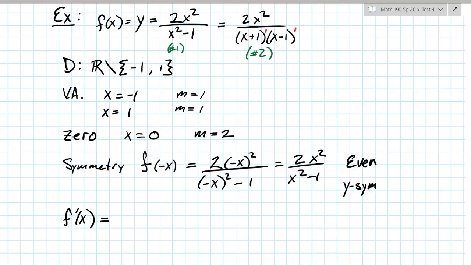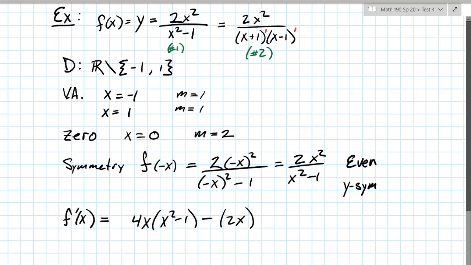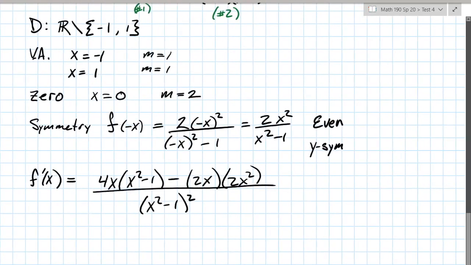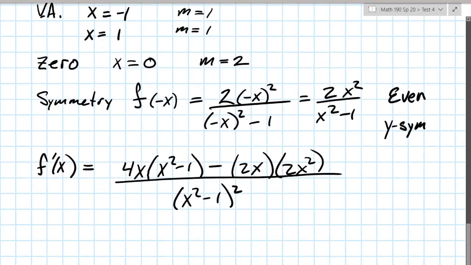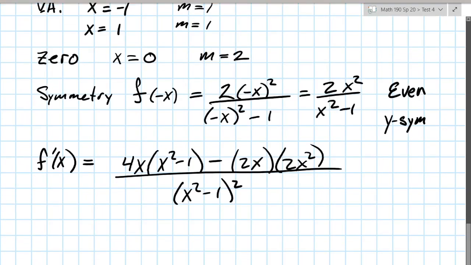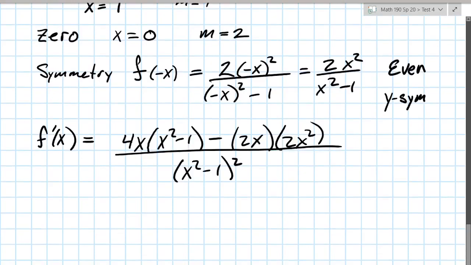That sounds like more work to me, so I'm just going to take the derivative using that first option. So we have the derivative of the top times the bottom minus the derivative of the bottom times the top, all over the bottom squared. At this point, we want to see if we can factor anything out, if we can simplify this at all.